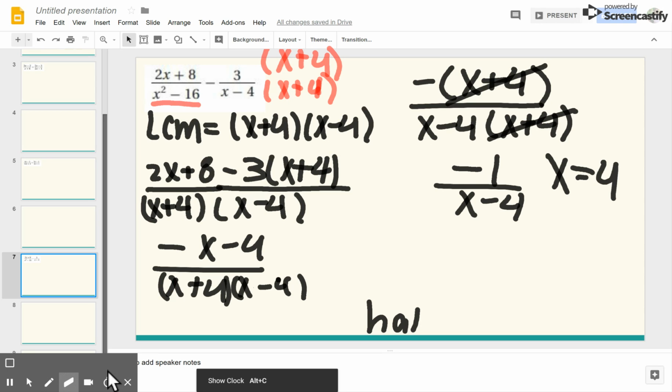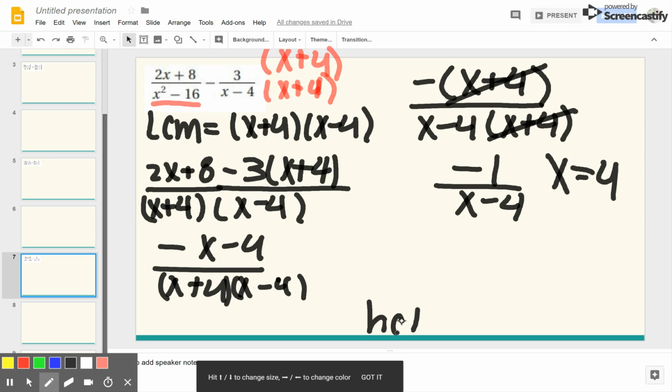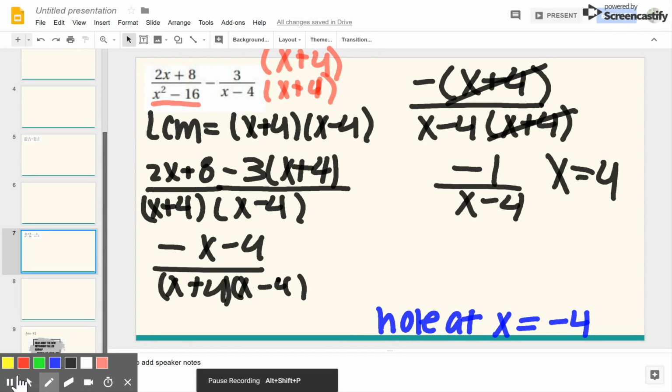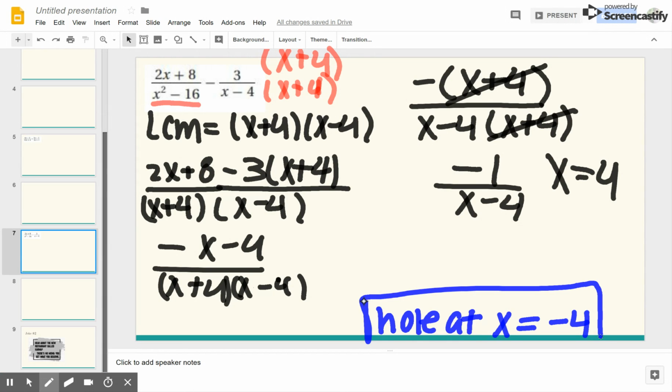Oh, I can't spell hole. At x equals negative 4. Since we have the hole at x equals negative 4, you can put that there and make sure that we include the complete fraction.